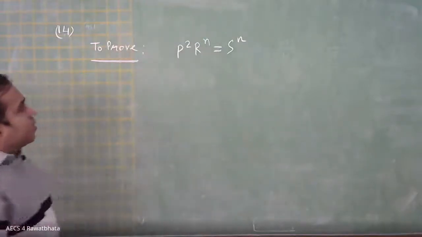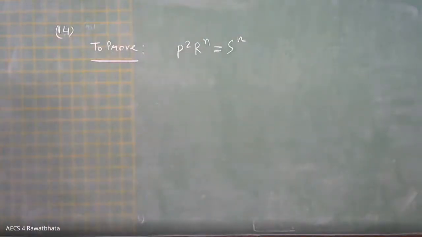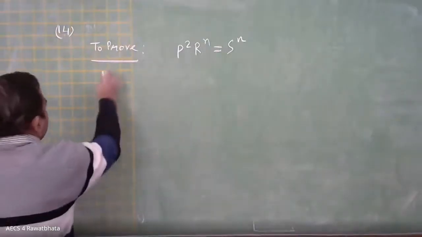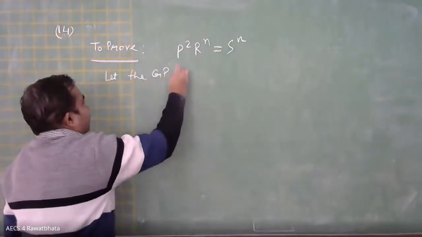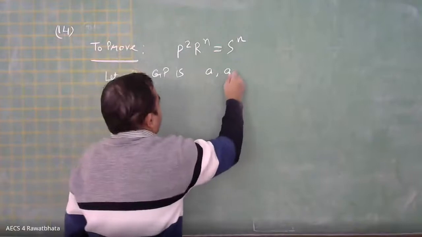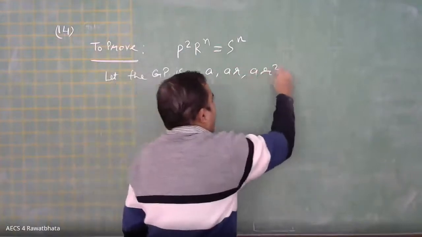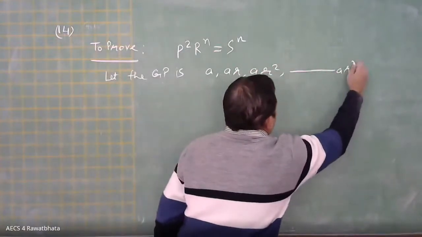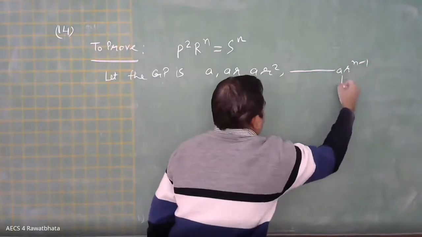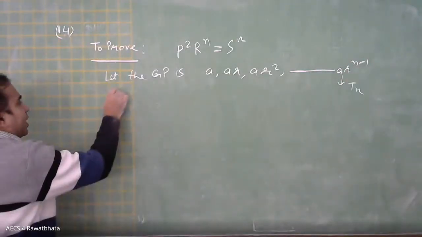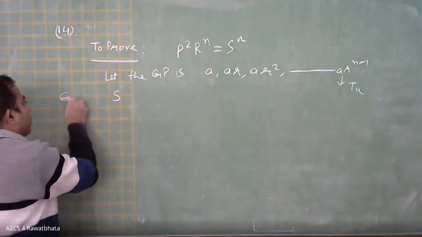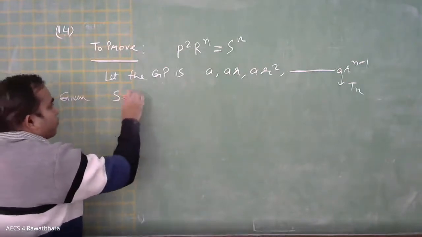And given that S is the sum of n terms of a GP, right? Yes, sir. Okay, so let us assume the GP is a, ar, ar square, etc., up to n terms. The nth term will be this. These are n terms. And given that S is equal to the sum of n terms.